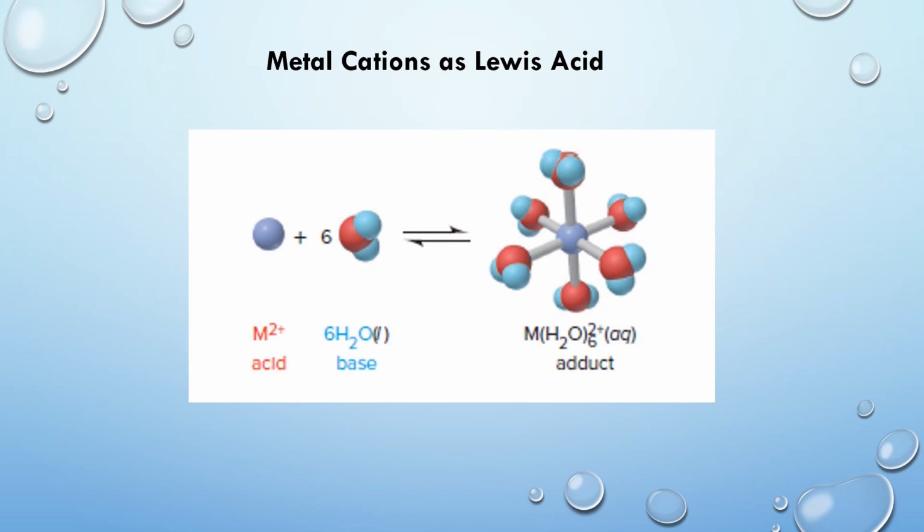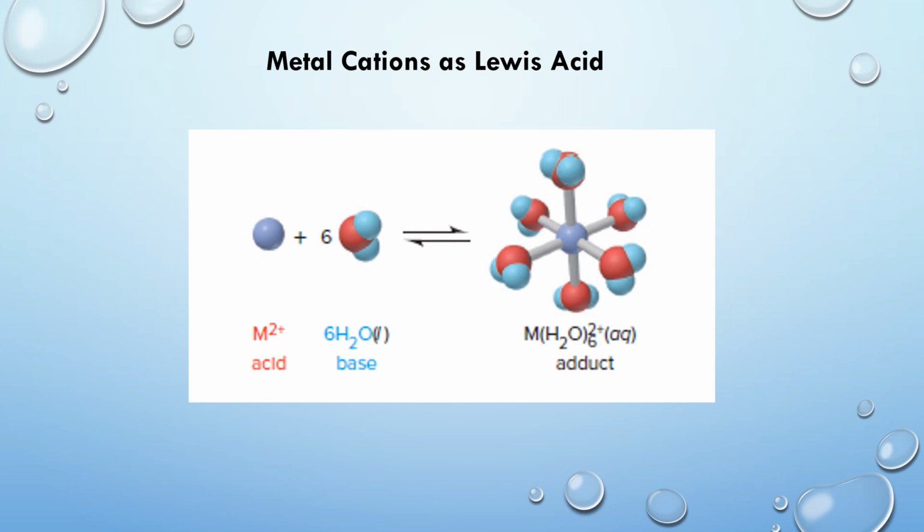And in fact, a metal cation is also a Lewis acid, because it has the ability to accept a lone pair of electrons. So when you dissolve a salt in water, the metal will become a cation. That cation doesn't exist in the water by itself. It's actually surrounded by water molecules. We call that a hydrated metal cation.